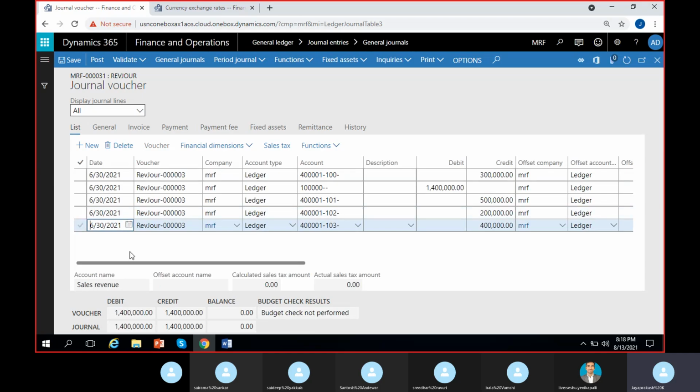Here also it will change. I'll save this. So is this entry clear? Revenue entry for everyone? Yes, okay. If this is clear, then we can go ahead and post it.